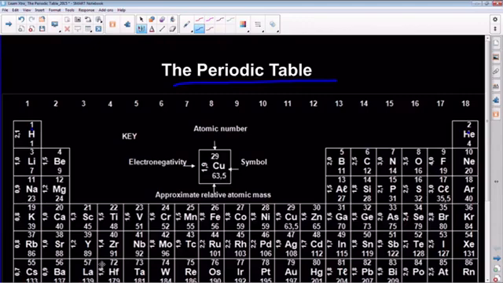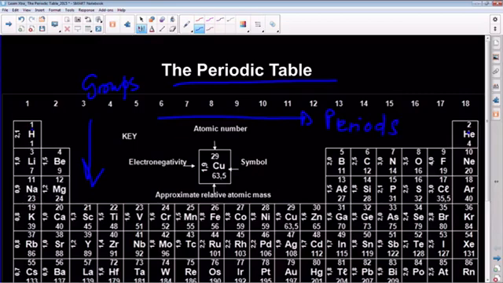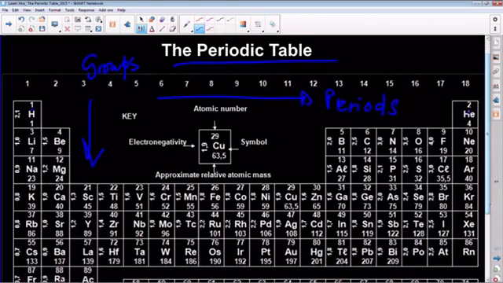It goes across in rows as well as columns. So these vertical columns we call groups, right? And then the horizontal rows, we call them the periods. So if we talk about the periodic table, we're basically talking about the arrangement of elements in this fashion.